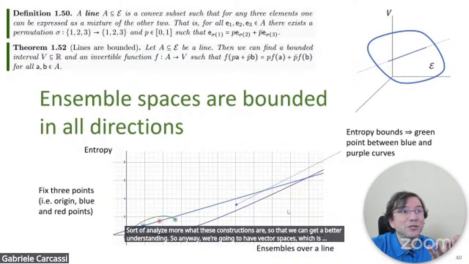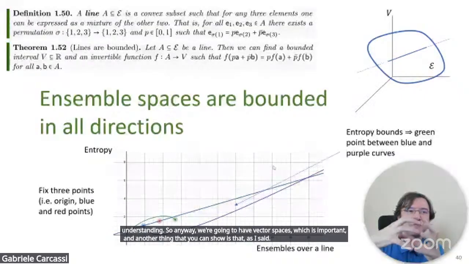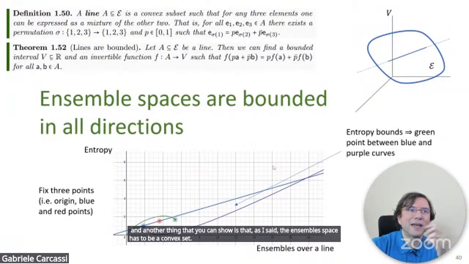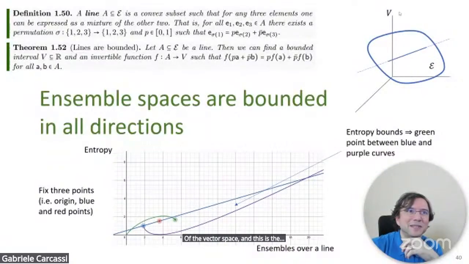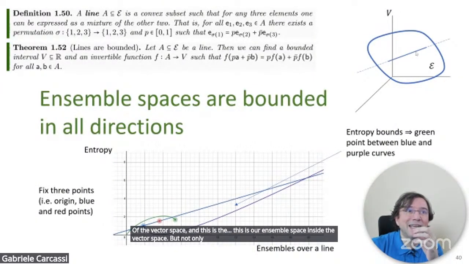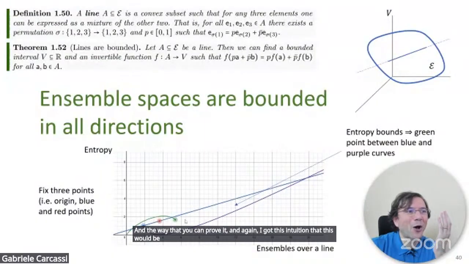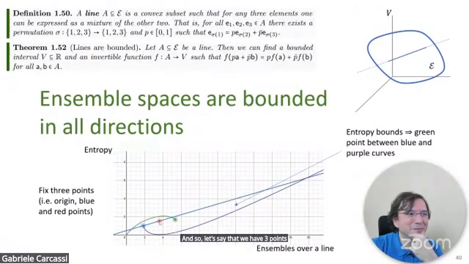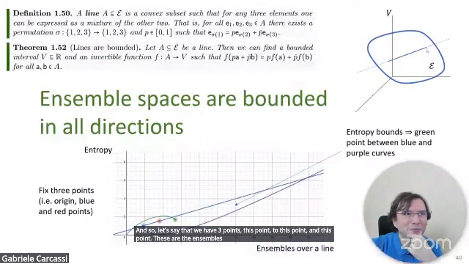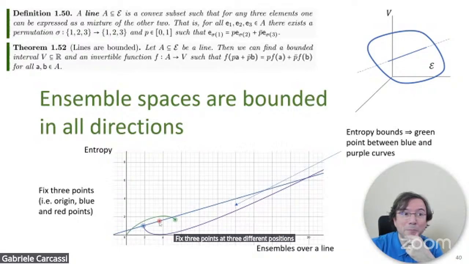And another thing that you can show is that, as I said, the ensemble space has to be a convex set of the vector space, and this is our ensemble space inside the vector space. But not only is it convex, it has to be bounded in all directions. The way that you can prove it, and again, I got this intuition only by playing around on the Desmos calculator online, is this. Let's say that we have 3 points, this point, this point, and this point. These are the ensembles over a line, so this would be the ensembles over here. And on the vertical side, we have the entropy. So we can fix 3 points at 3 different positions with some entropy.